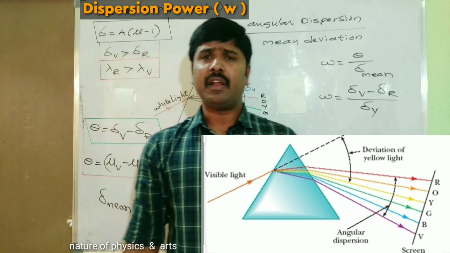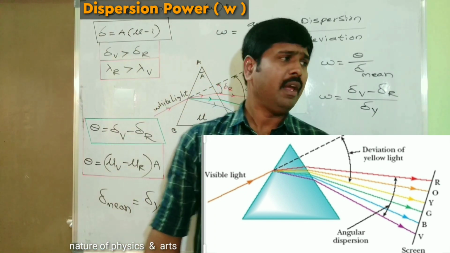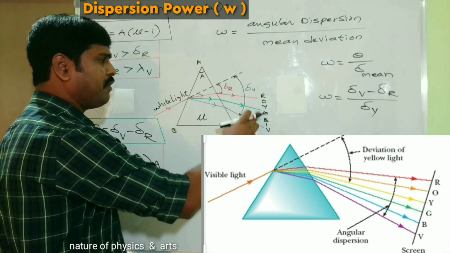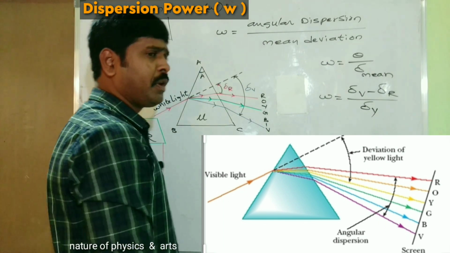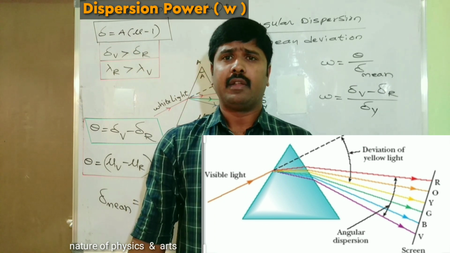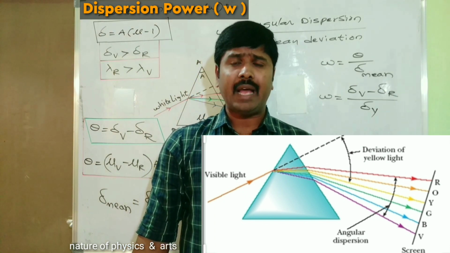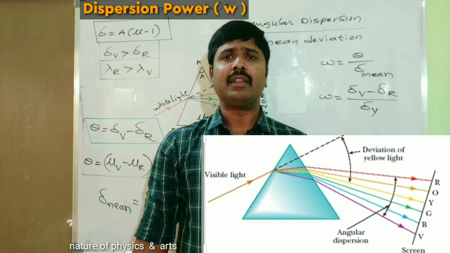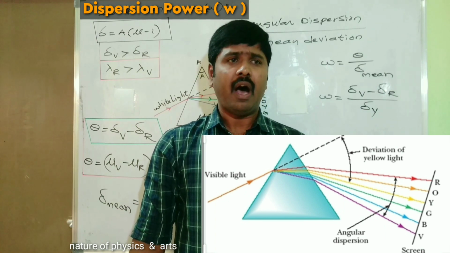Why are we considering yellow only instead of green color? Actually, the middle color in VIBGYOR is G, green. But we are considering the deviation angle of the yellow color according to the wavelength in the VIBGYOR.